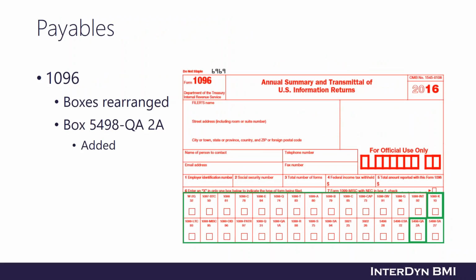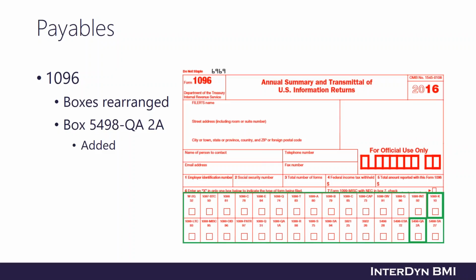They did rearrange some of the boxes, which always keeps us on our toes. The boxes that are highlighted there, where you check off which forms are attached, that whole two-row area on the 1096, they shrunk that down to fit some of these other things that you can see off to the right there, the 1099-K and the 5498-QA.